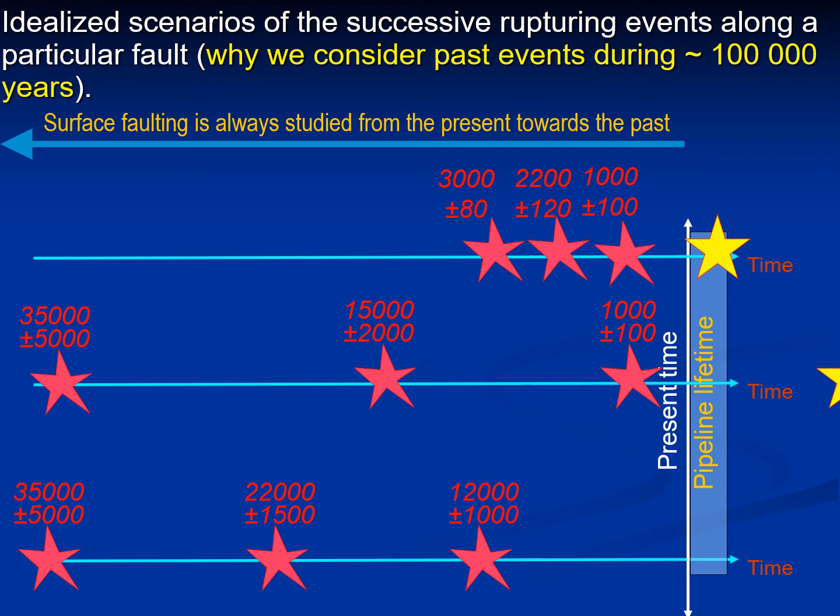But with a 13,000-year recurrence interval, it appears that the next event again might occur within the pipeline lifetime. That is why we need to study in such cases the history of rupturing events for a rather long time in the past.